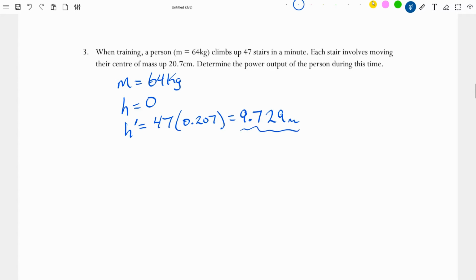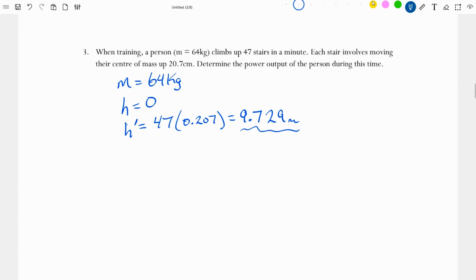But if they're traveling along a set of stairs and elevate themselves to this higher height, h prime, the distance they traveled would absolutely not be 9.729. So that's why I am not going to identify that as a distance. I don't think that diagram is really needed. It was just an aside.